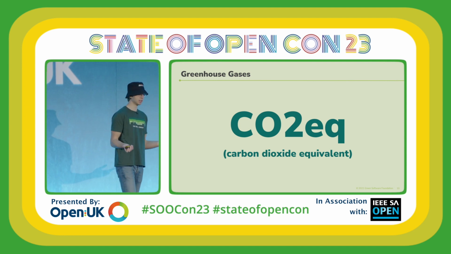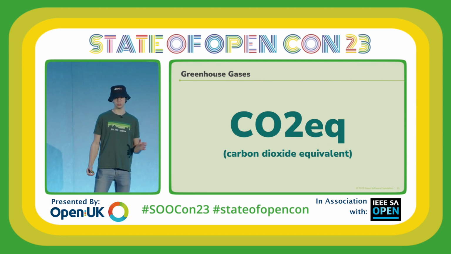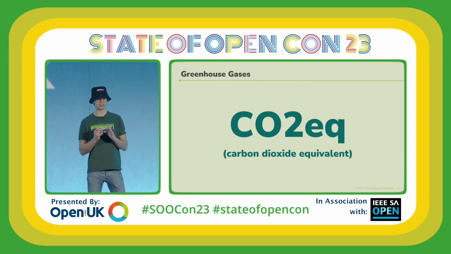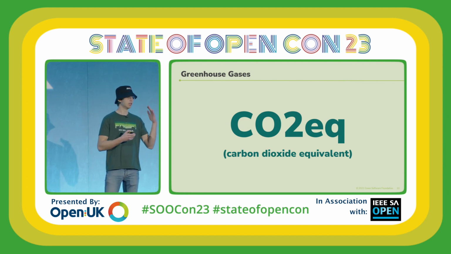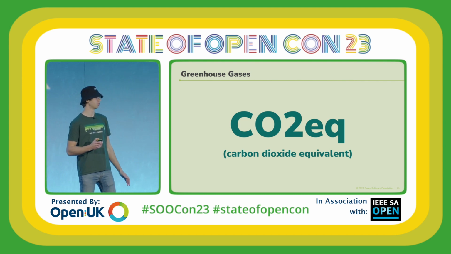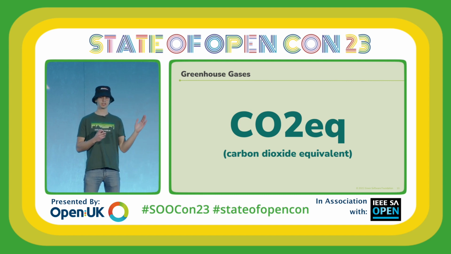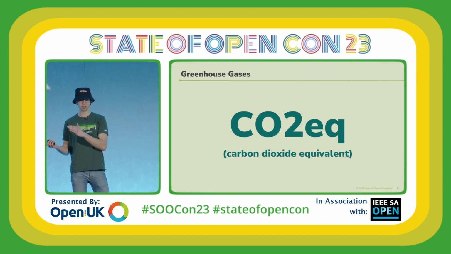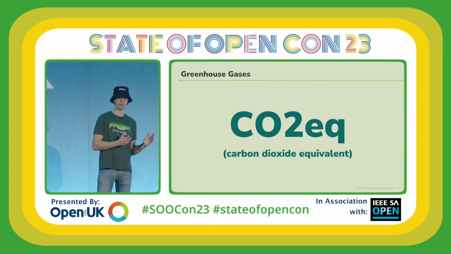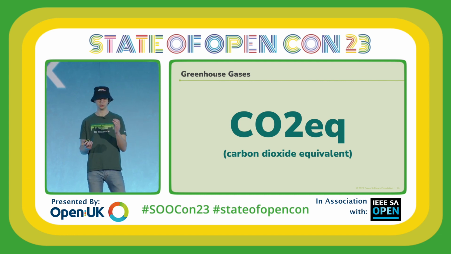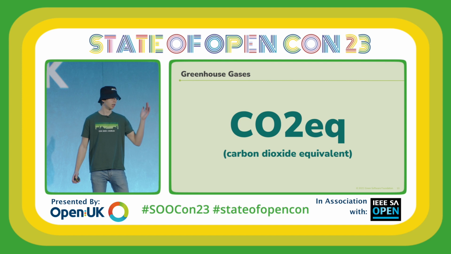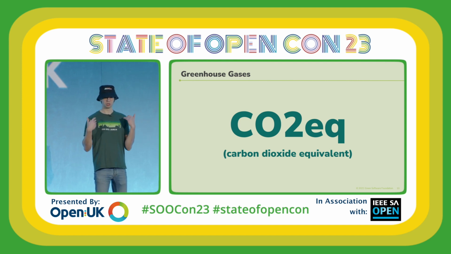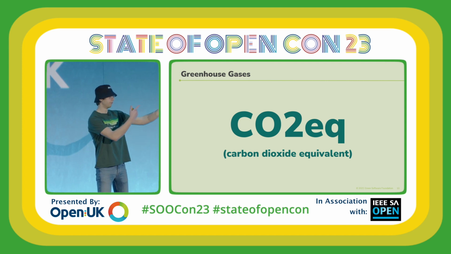But in the software industry, we want to boil it down to as little as possible. We want to keep it standard, so we introduce something known as carbon dioxide equivalent. That way, every single greenhouse gas can be recalculated to CO2 equivalent. And when we talk about emissions, we just use carbon dioxide equivalent, or carbon for short. So when you hear us saying carbon, think of this.